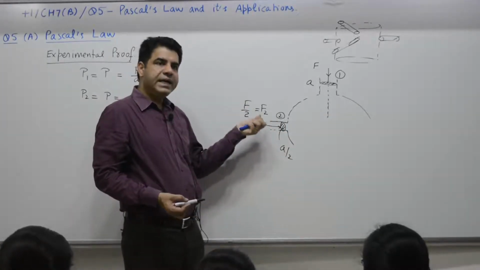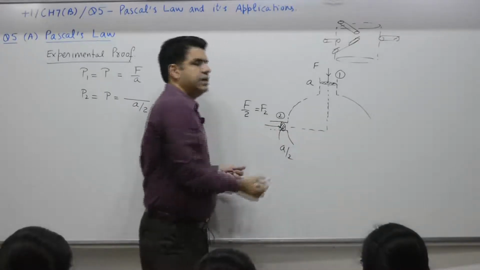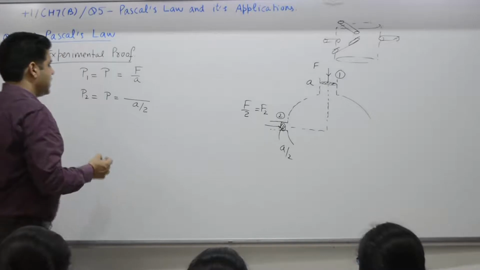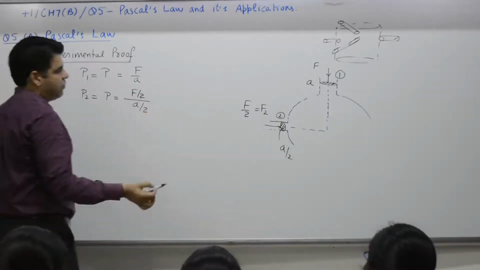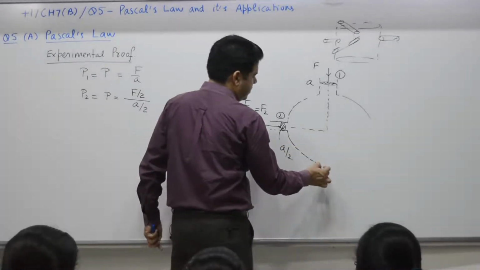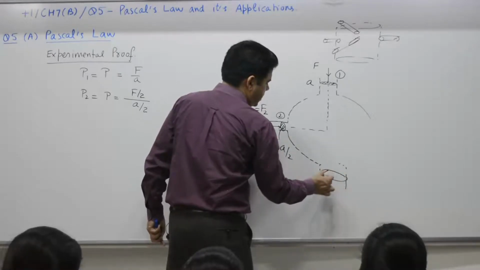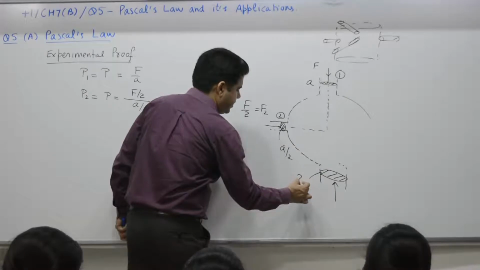In order to maintain it at this position, because it is at a same level, pressure at same level remains same. So force applied has to be F by 2. Third one, what is the area? Third point, 2A. Area at this point is 2A.